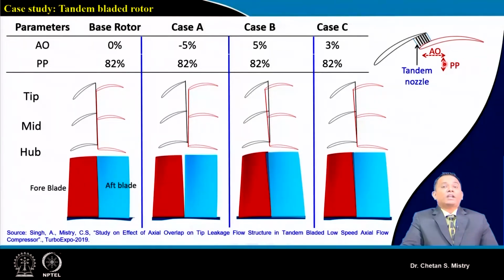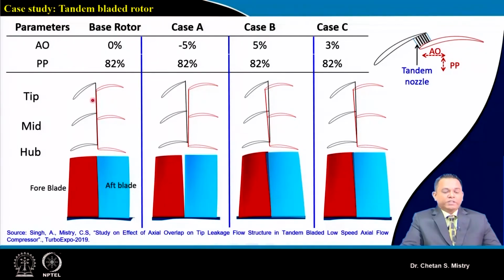A number of data and results are available for cascades, but at a particular station the configuration may be working fine. After the background of all 11 weeks, you must realize that a rotor blade is not at a particular station. It is a three-dimensional entity, so we need to think of the design in a three-dimensional way.